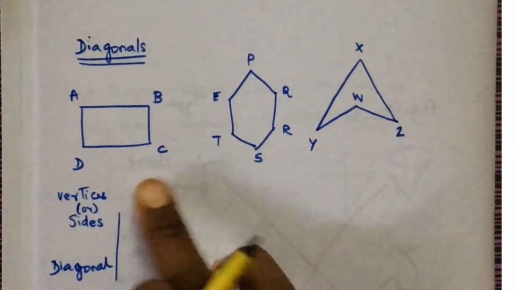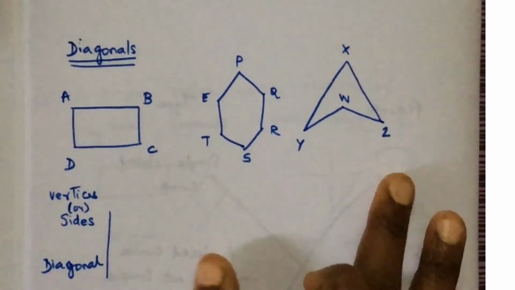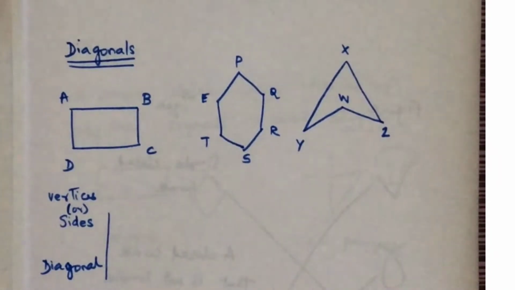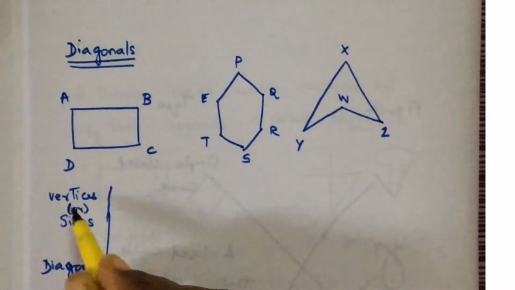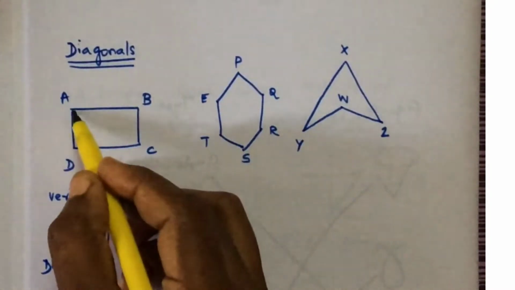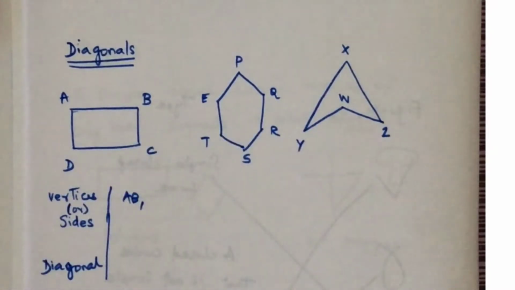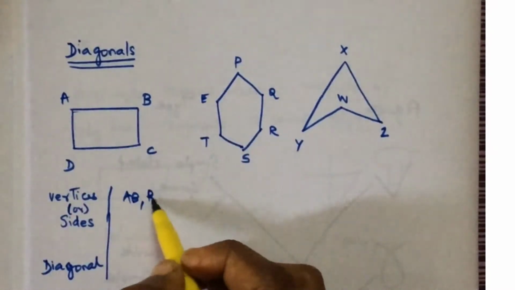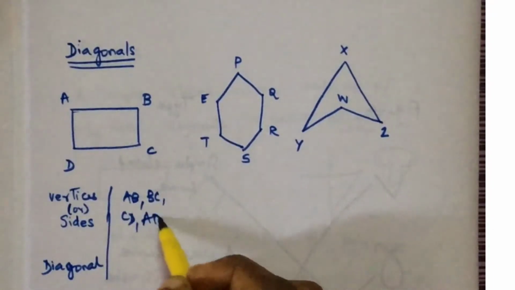Okay, here I have drawn some 3 polygons. All the figures are made up of line segments, and they are simple closed curves. So these can be called polygons. Now from these polygons, first I will write what are the vertices or sides. Okay, so here AB is a side. For the first figure, AB is a side, BC is a side, CD is a side and AD is a side.